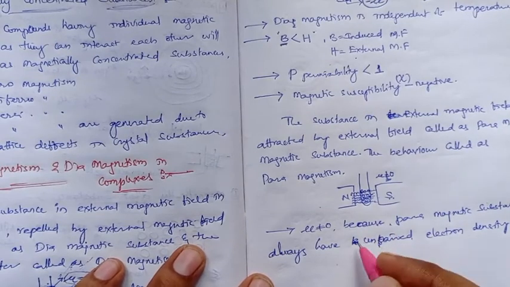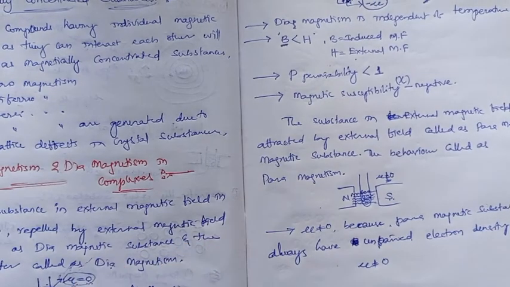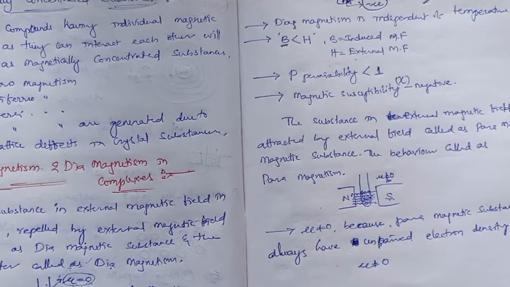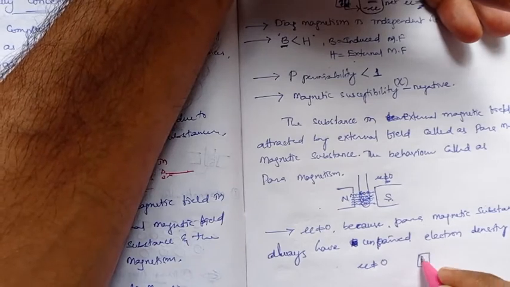Having unpaired electrons, the net moment value will never be 0, and it is never cancelled by one another. The magnetic moments of the paired electrons will be cancelled, but as there is an unpaired electron, there will be at least one orbital consisting of only one electron.